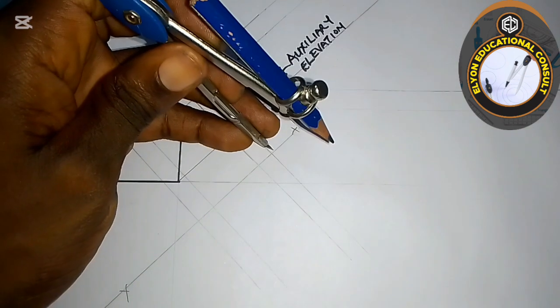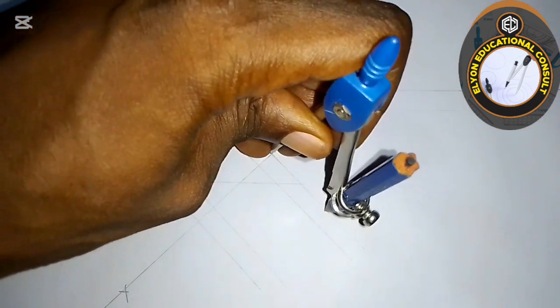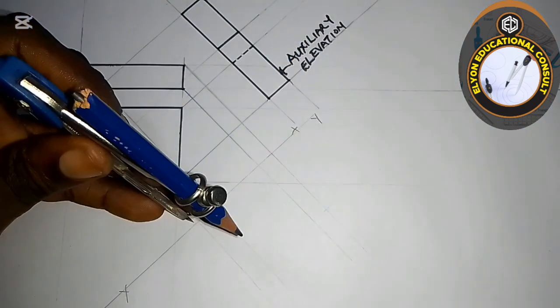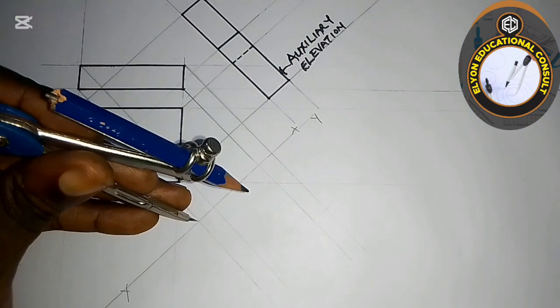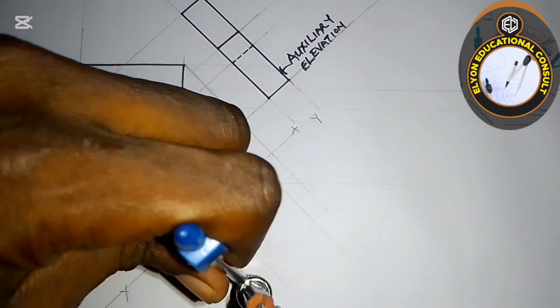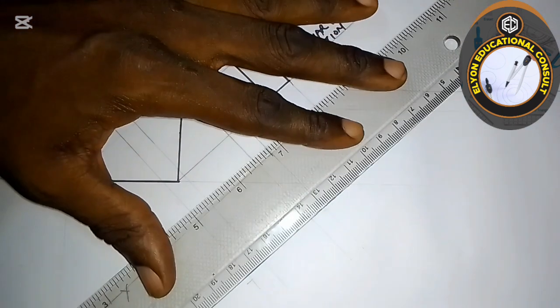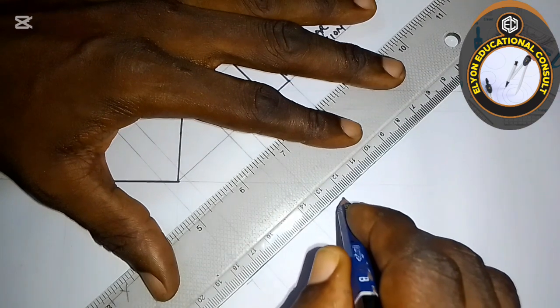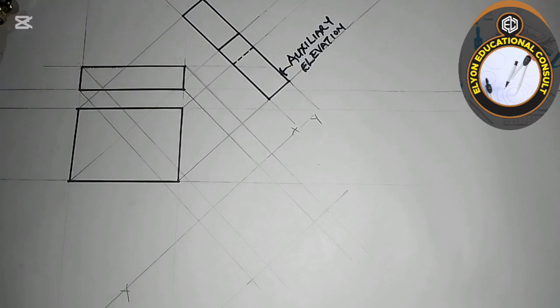Pick this height, come to this place, transfer that height here. I can do the same like this because they are equal. So just come here as well, transfer this here, so I can just join that part together this way. I hope you can see that.